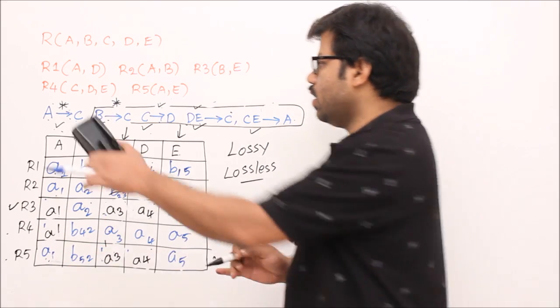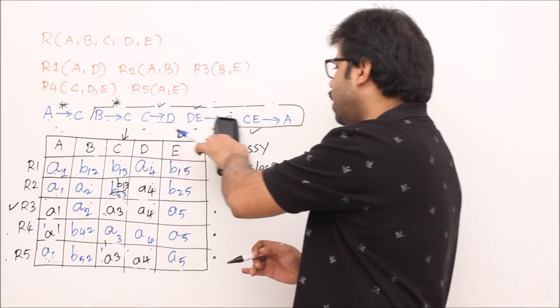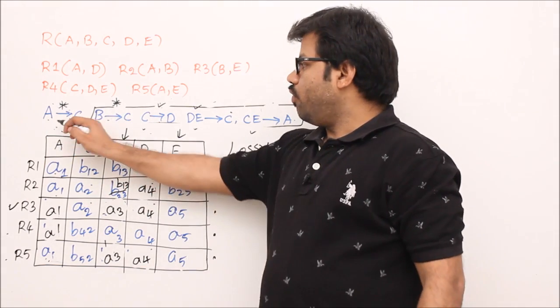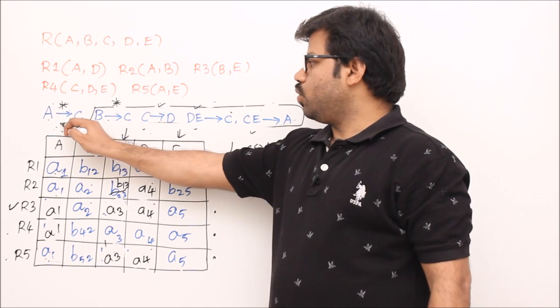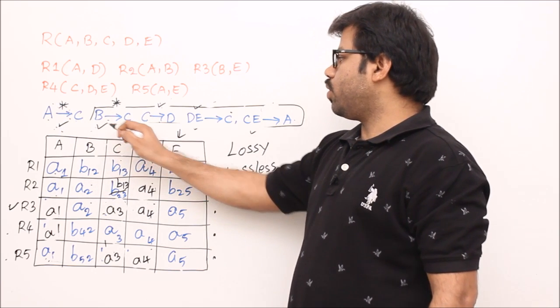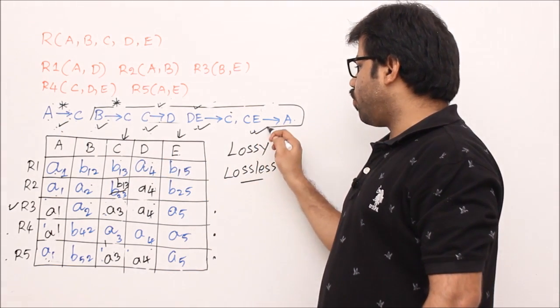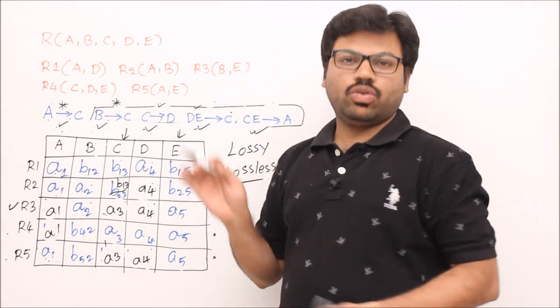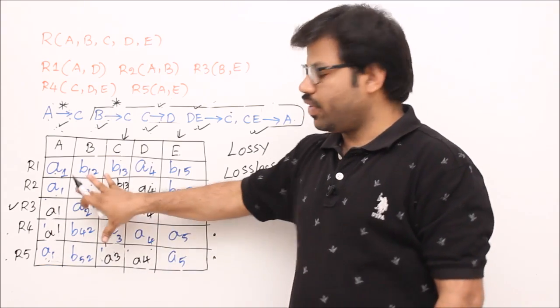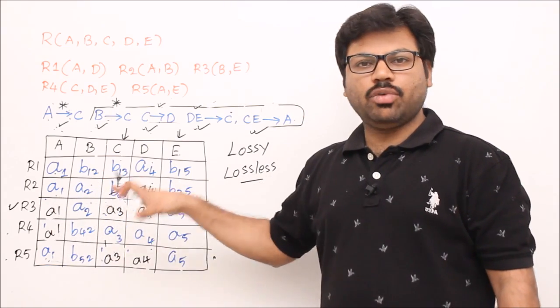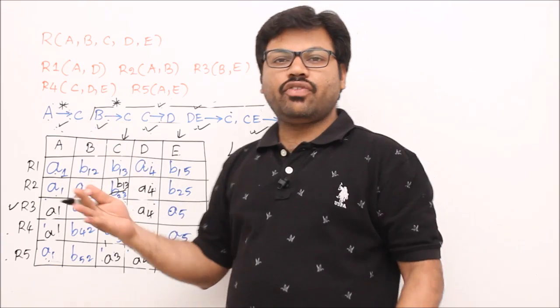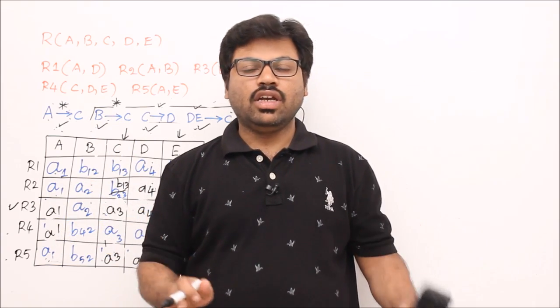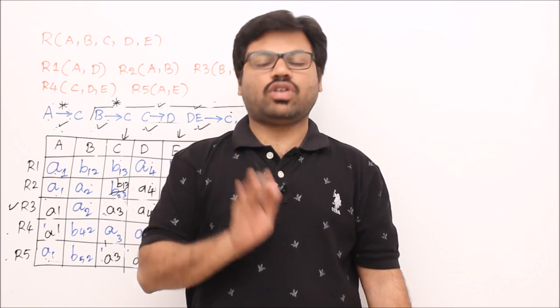Let me summarize. When to stop this algorithm: you process rule number 1, rule number 2, rule number 3, rule number 4, rule number 5. After processing one entire stretch of all the rules, if there is no modification in this table, and if you go back again and don't see any modification, that is the point where we have to stop.